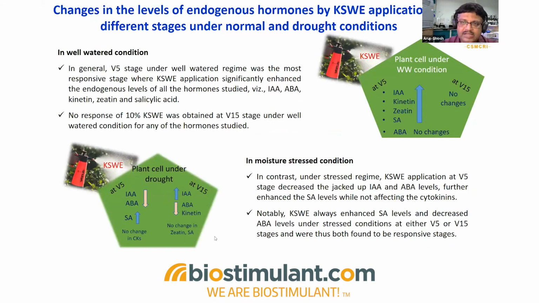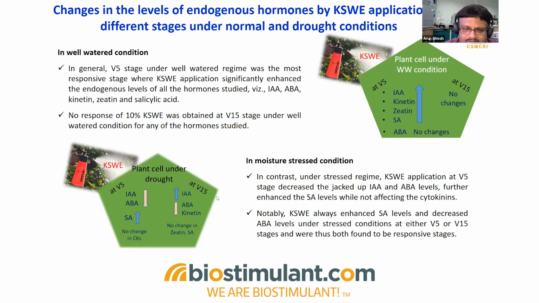So what I was telling is that under drought condition, the plant behaves differently upon application of Kappaphycus biostimulant than under well-watered condition; WW is well watered, to the right. And the type of biochemical reactions happening inside the plant are different.